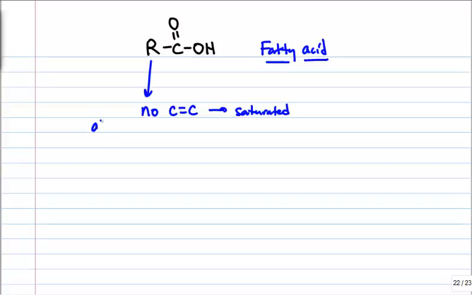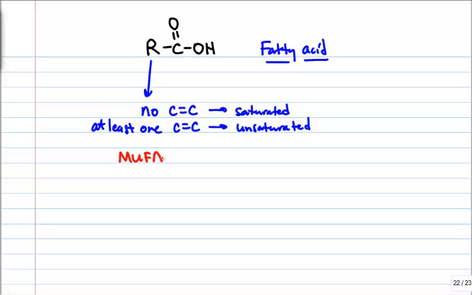If there is at least one carbon-carbon double bond, the fatty acid is said to be unsaturated. Okay? And this brings up two important terms I'm going to use over and over again.